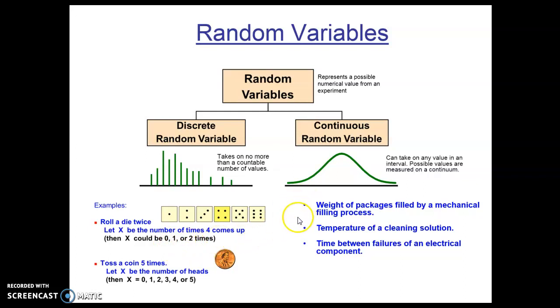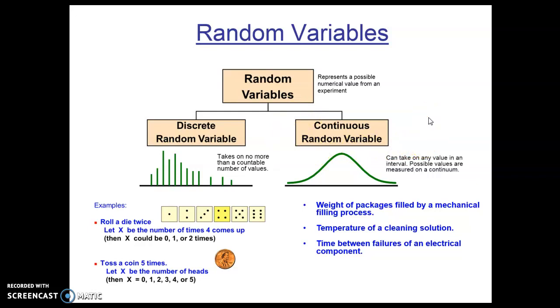In contrast, if you are dealing with a continuous random variable, such as the temperature of a cleaning solution, it would be unusual to say, what is the probability of getting a temperature of 50 degrees? It would be more common to say, what is the probability of getting a temperature between 45 and 60 degrees, some range. With continuous random variables, we're going to use a different set of tools to analyze probability.